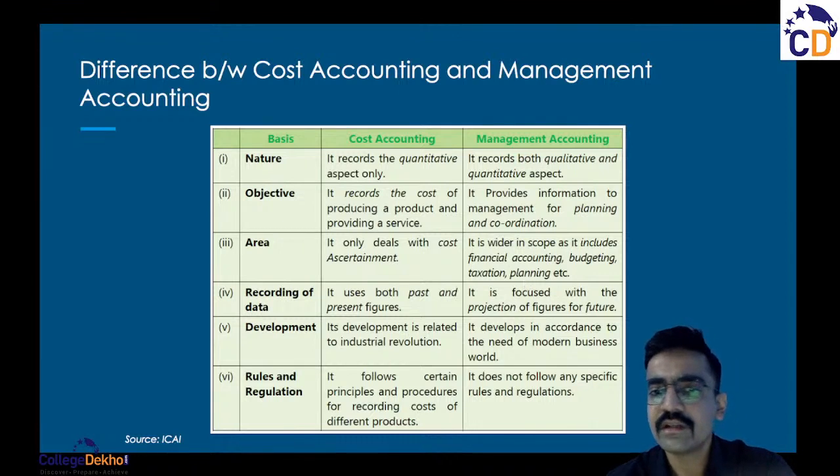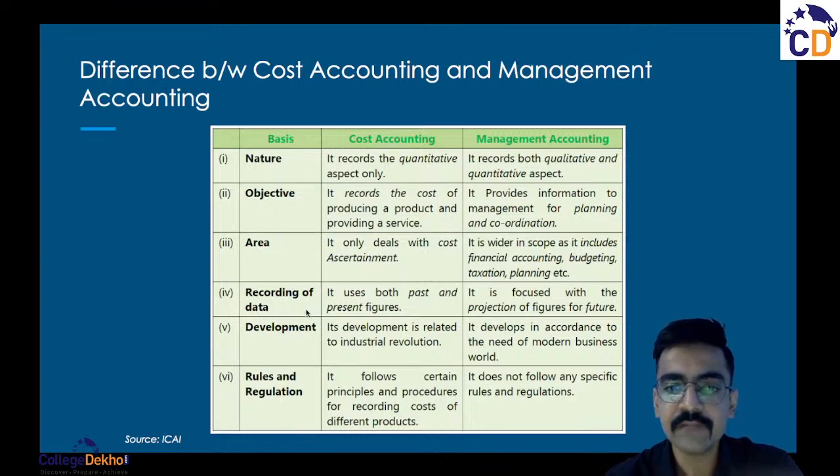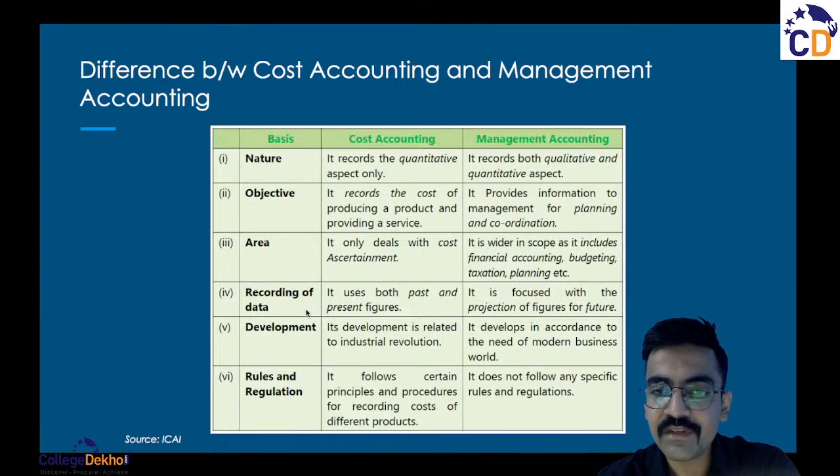The outline that is given here in the purview of management accounting is much broader in sense than it is in cost accounting. Now, on the basis of recording of data, cost accounting uses both the past and the present figures.